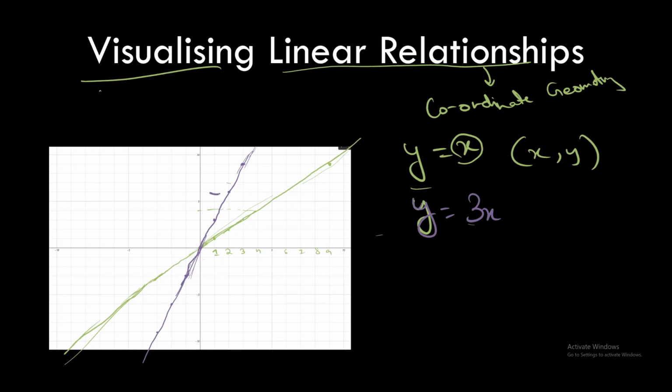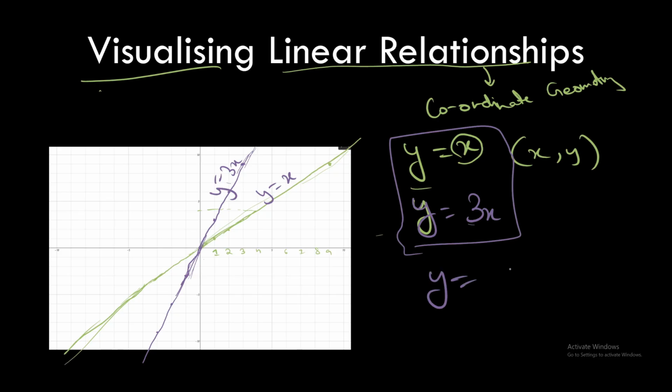So this is y is equal to 3x, and this is y is equal to x. So this way we can plot a graph from the equation given, and this is the linear relationship. So you might have been noticing a pattern. Anything y is equal to a times x.